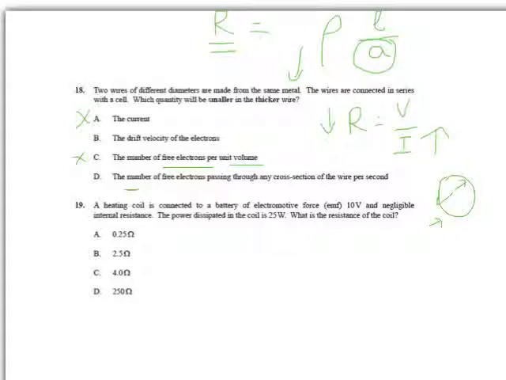How about the number of free electrons passing through any cross-section of wire per second? Well, if anything, that is the current, and there's no way that's going to be less because the resistance has decreased. So it looks like the answer's B. But just to make sure, drift velocity, if you remember, current equals nAvq.